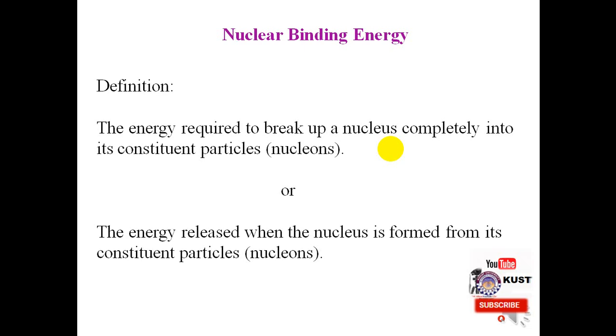Taking the example of helium, the energy required to split the helium nucleus into its individual nucleons, meaning 2 protons and 2 neutrons, is known as binding energy, and vice versa.